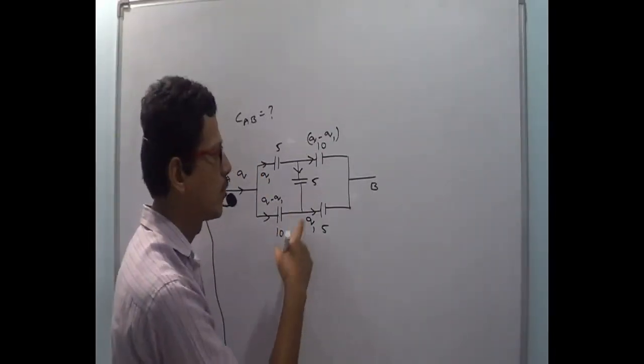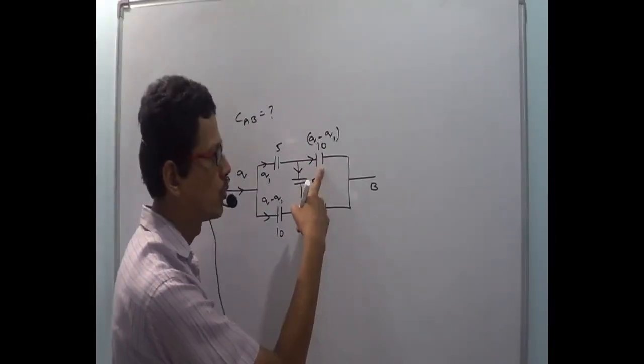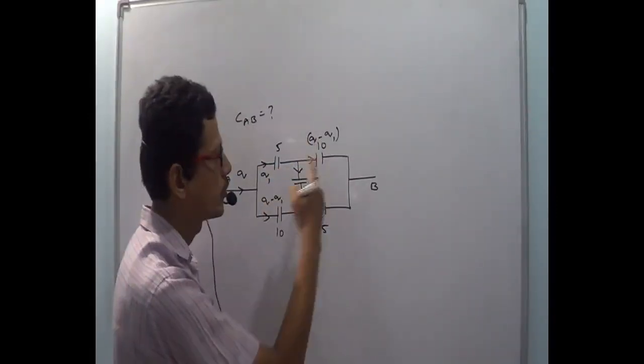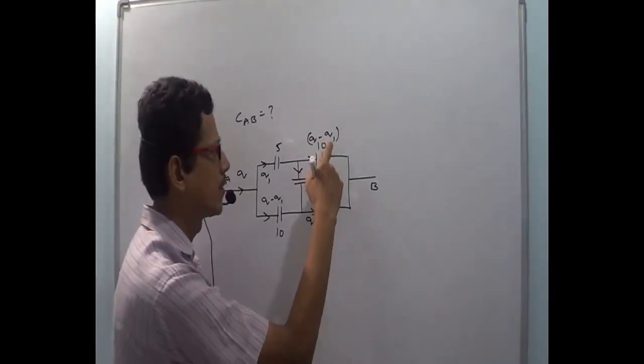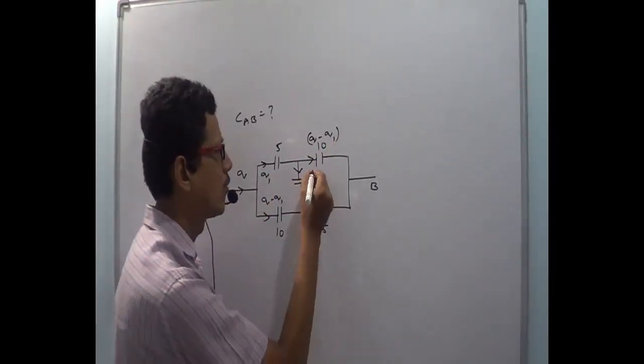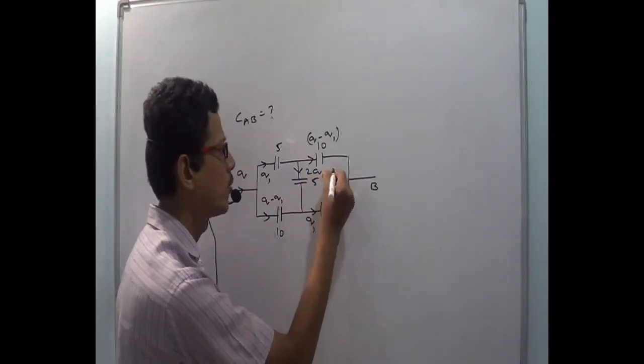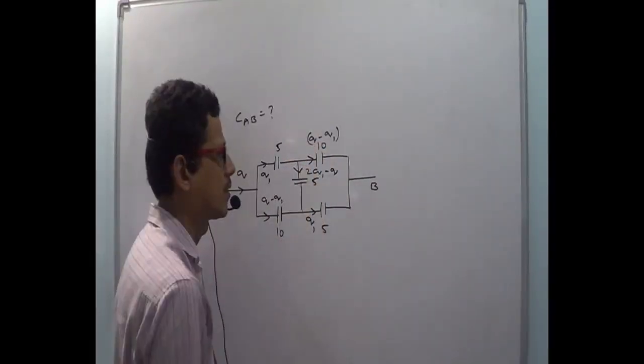Otherwise, if symmetry is not there, you take here the charge as Q2 and this charge will be Q1 minus Q2. And if I subtract this with this, then 2Q1 minus Q is the charge which is entering this capacitor.